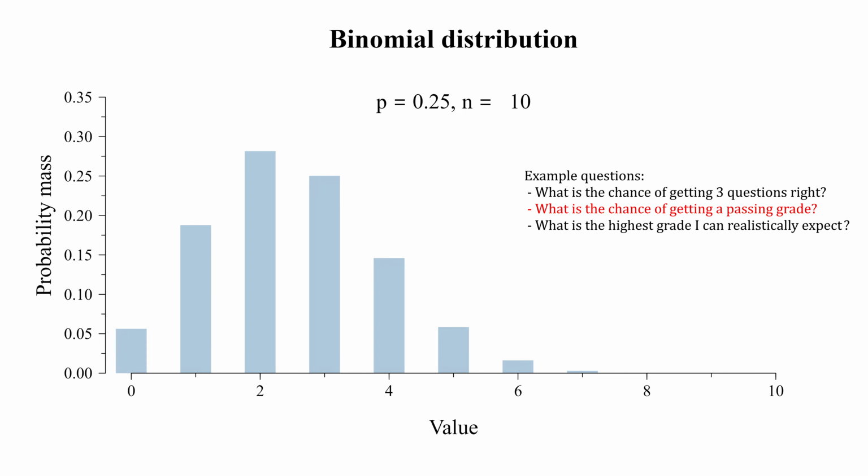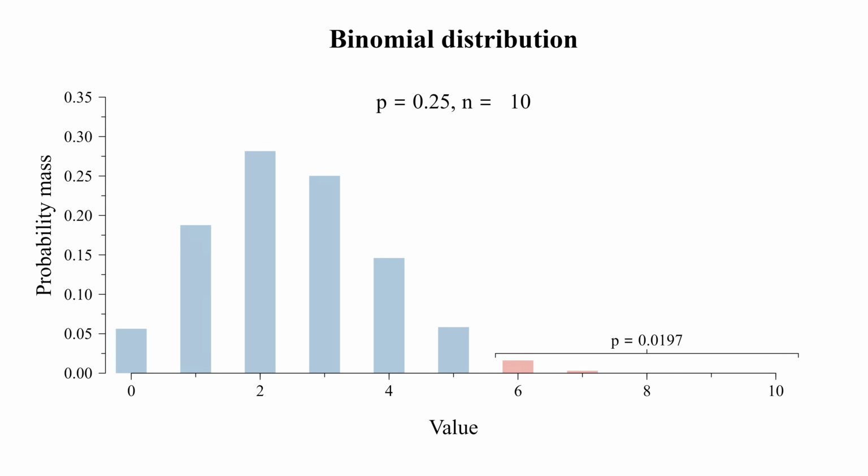The chance of getting a passing grade, of course, depends on what the threshold for passing is. If you could pass with 6 correct questions out of 10, then any number of questions equal to or greater than 6 would suffice. That means we sum up all the possibilities greater than 6, which adds up to about 2%. Unsurprisingly, the chance of passing by randomly guessing is not that great.